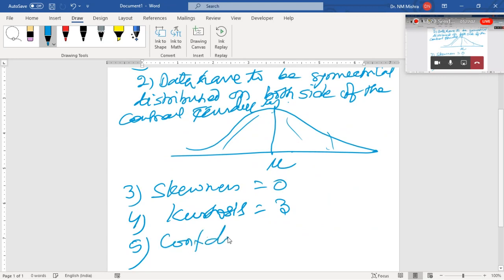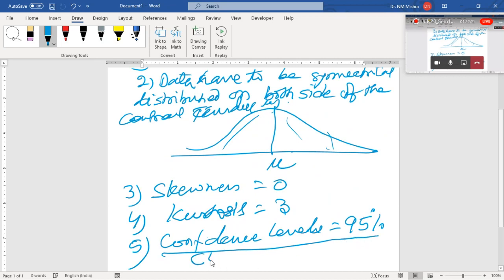Please note down, the confidence level has to be how much? 95%. What is the meaning of this confidence level? CL is 95% means if you are manufacturing 100 units, or giving a service to 100 people, then you can expect 95 people are satisfied and 5 people are not satisfied.